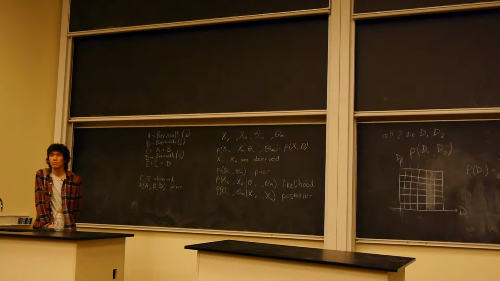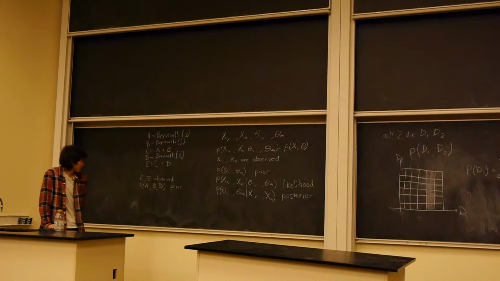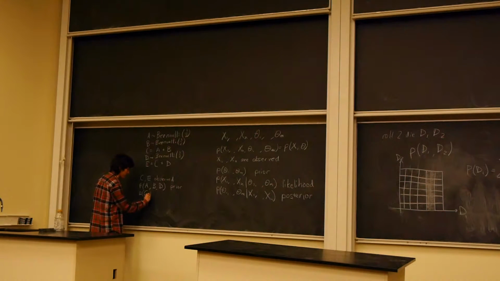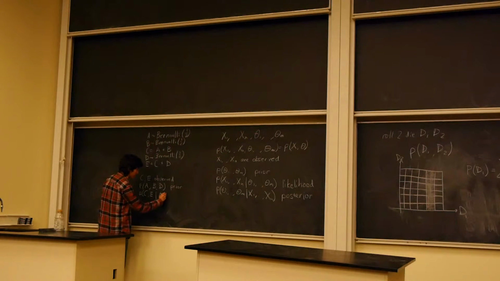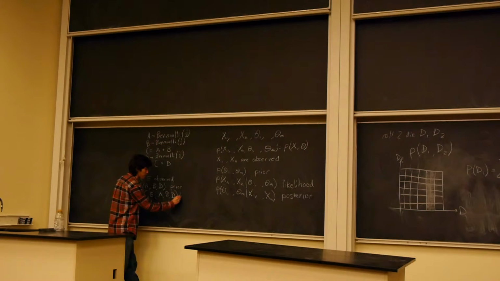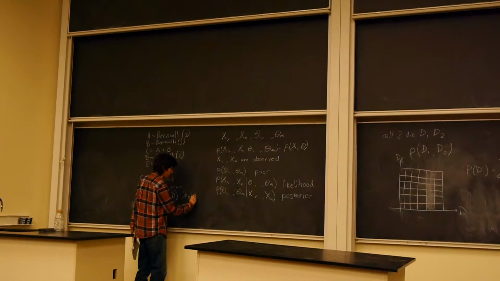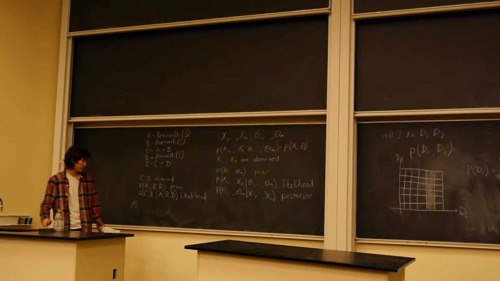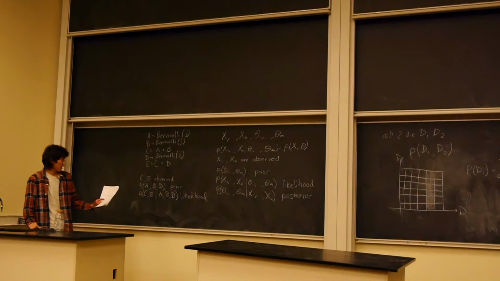Anyone? C and E given A, B, D. Yep. And the posterior is just probability of A, B, and D given C and E. Does that make sense? Okay.